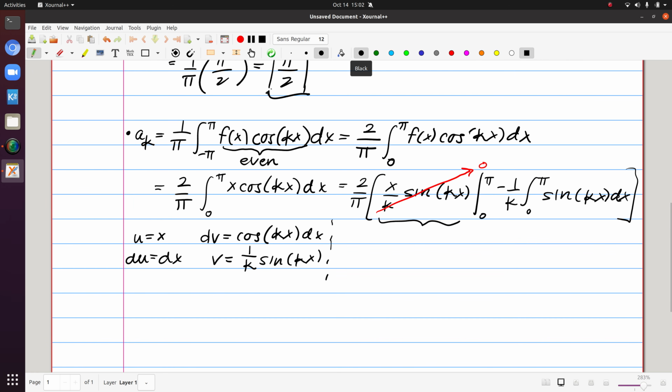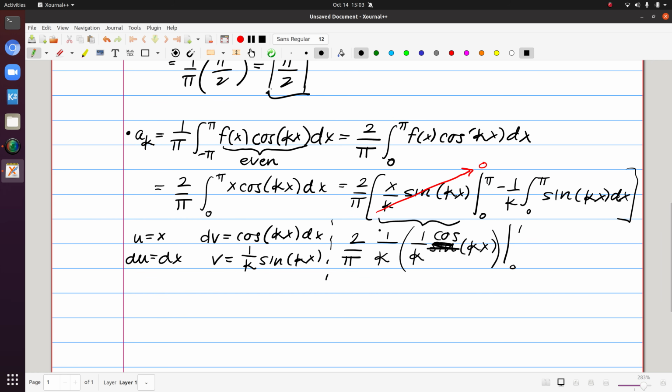So when I do that, the antiderivative of negative sine is going to be cosine. And so we have 2 over pi, and we have 1 over k, and then we're going to have another 1 over k cosine kx in evaluating this integral.